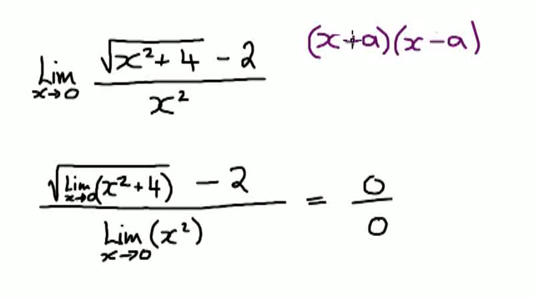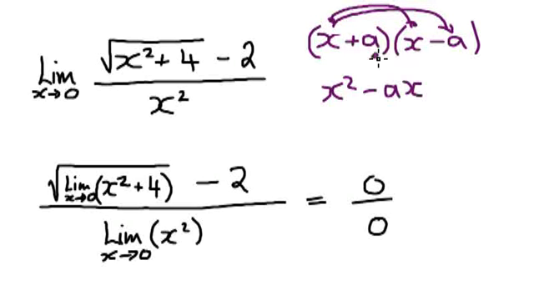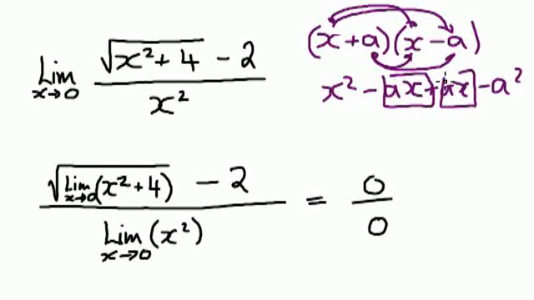So here, this times this here will give you x squared, and then this times this will give you minus ax, and then this times this here will give you positive ax, and then this times this will give you minus a squared. You see, these two terms, they will cancel each other out. Minus ax plus ax, they will cancel each other out, just leaving you x squared minus a squared.